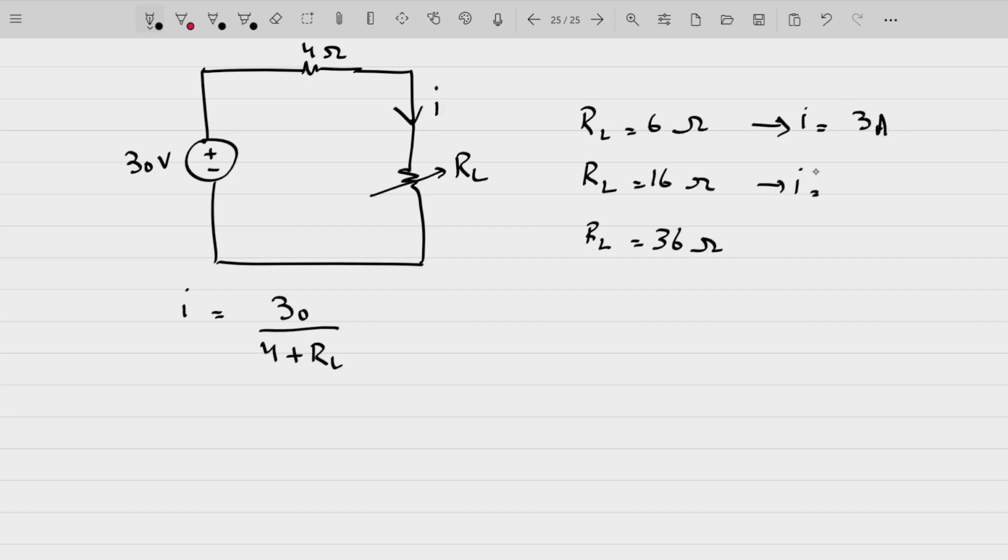For case number 2, it is 30 by 20, 2 by 3 or 3 by 2. And for case 3, I equal to 30 divided by 40, 3 by 4, okay, 0.75 amperes. We can now easily find the values of currents flowing through this circuit.